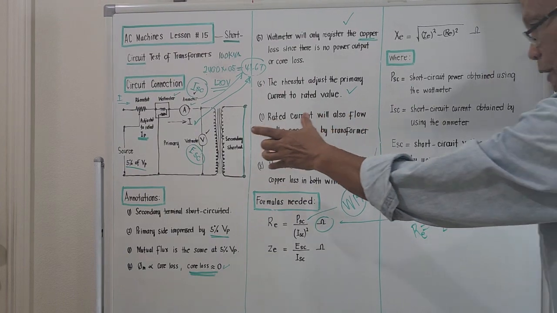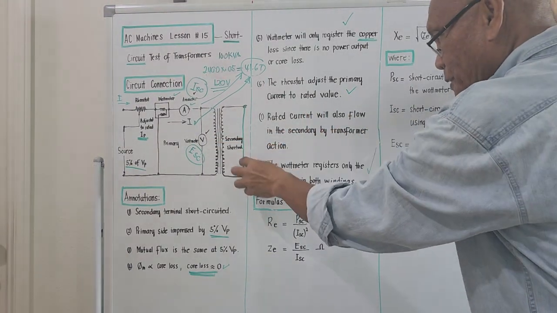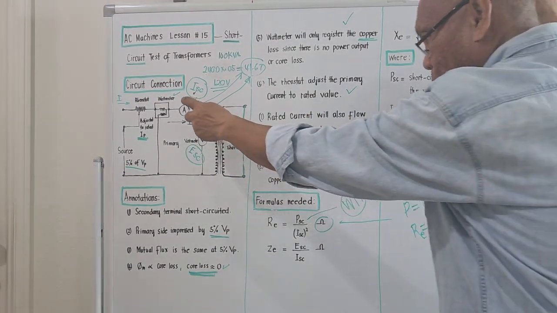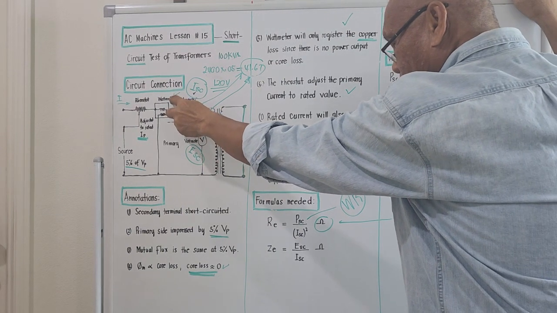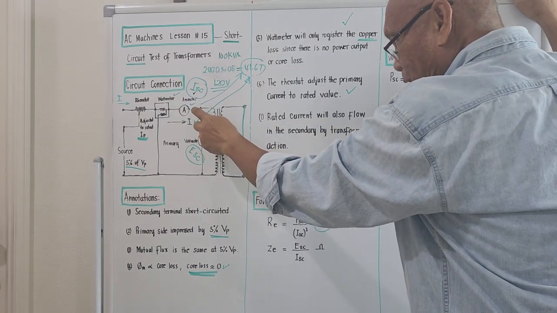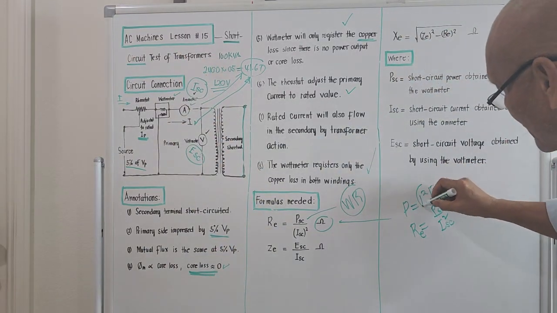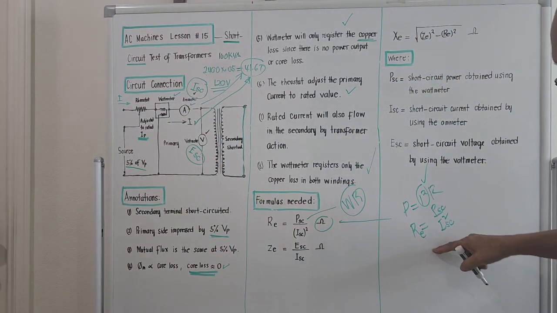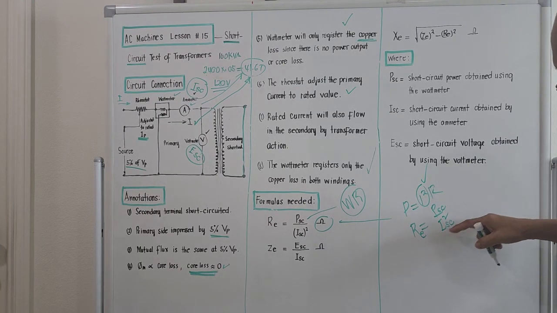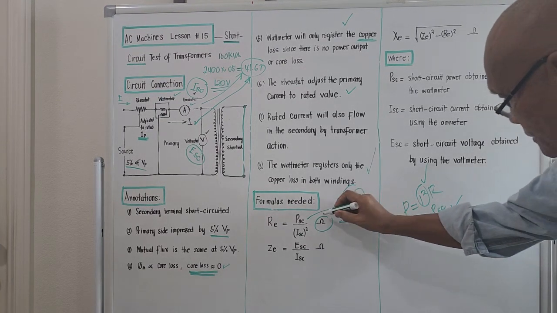Meaning, the equivalent resistance of the primary and secondary is the reading of the wattmeter divided by the reading of the ammeter, but we must square it because this is a square. Right? So RE will be PSC over I short circuit quantity square. It is this.